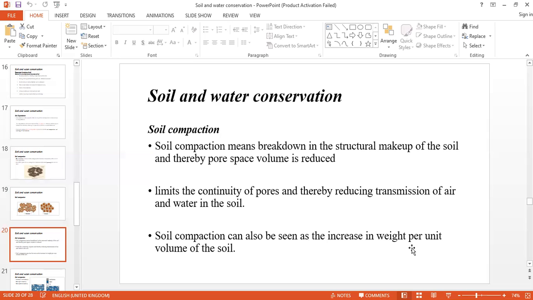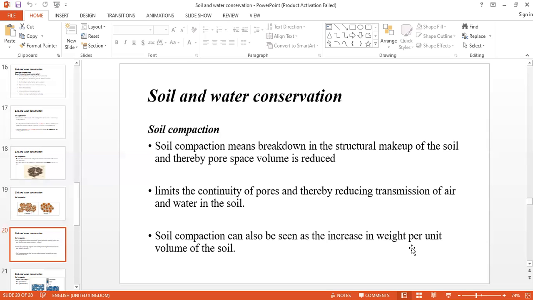So if, for example, I ask the question, what is soil compaction? You can say soil compaction is a breakdown in the structural makeup of the soil, which reduces its volume. Or you can simply say compaction is the increase in the weight per unit volume of soil.